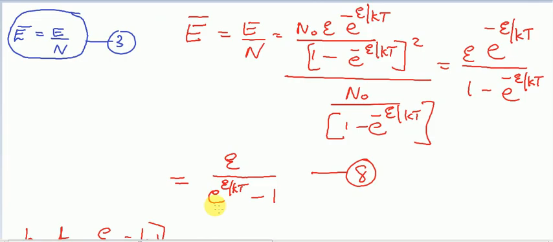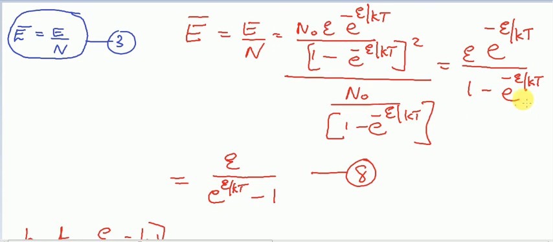Now substituting these values of E and N in equation number 3 for the average energy E bar equal to E divided by N, we obtain n0 ε exponential negative ε by kT divided by (1 minus exponential minus ε by kT) whole square, divided by n0 by 1 minus exponential minus ε by kT.